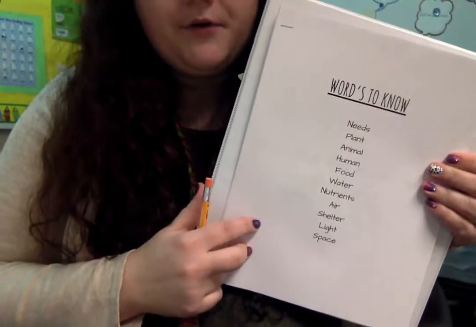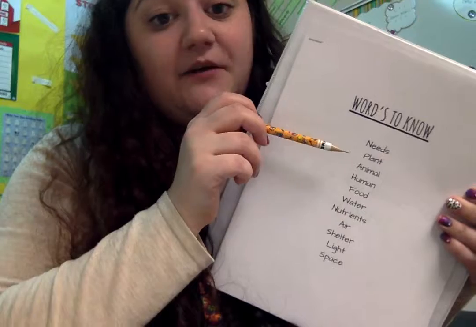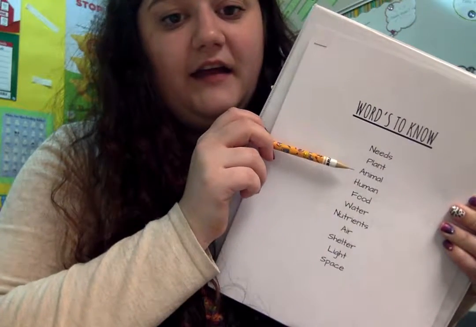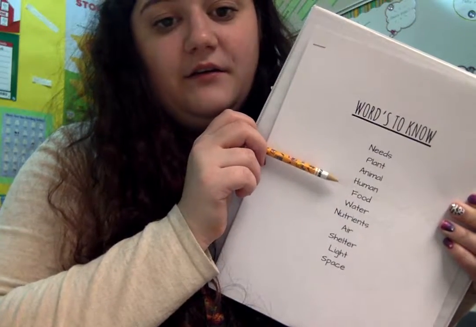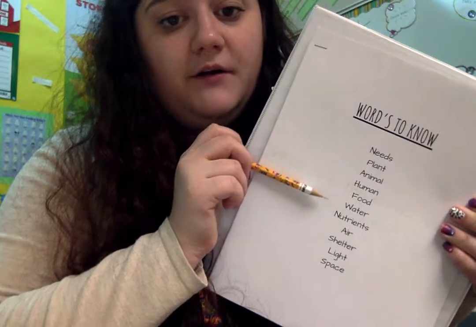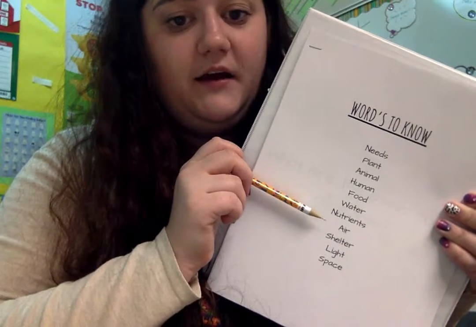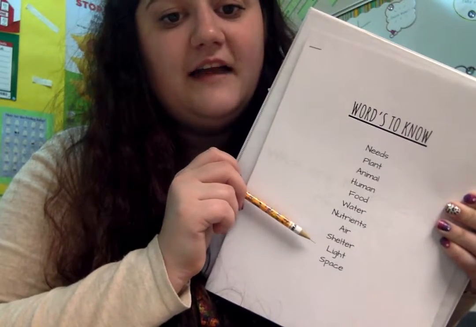So the first page in our booklet will talk to us about different words that we need to remember throughout the lesson. The first word is needs. The second word, plant, animal, human, food, water, nutrients, air, shelter, light, and space.